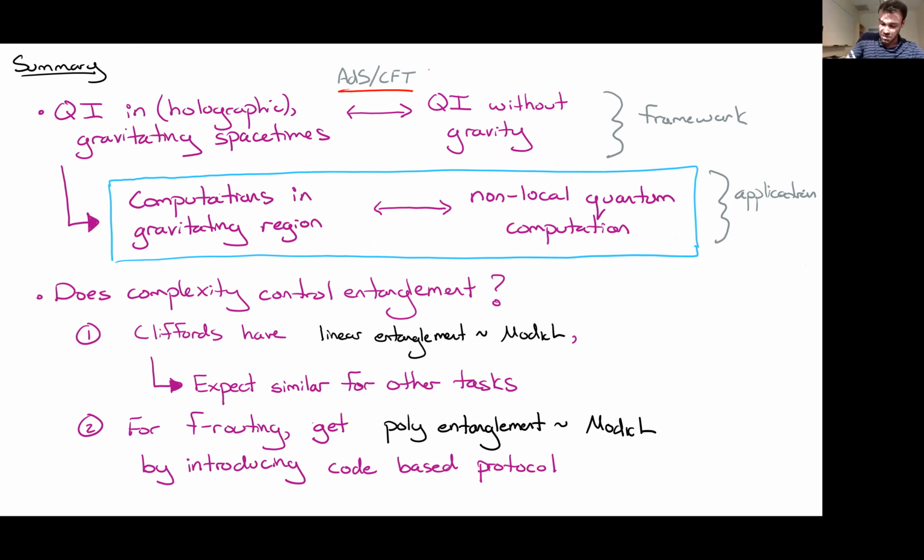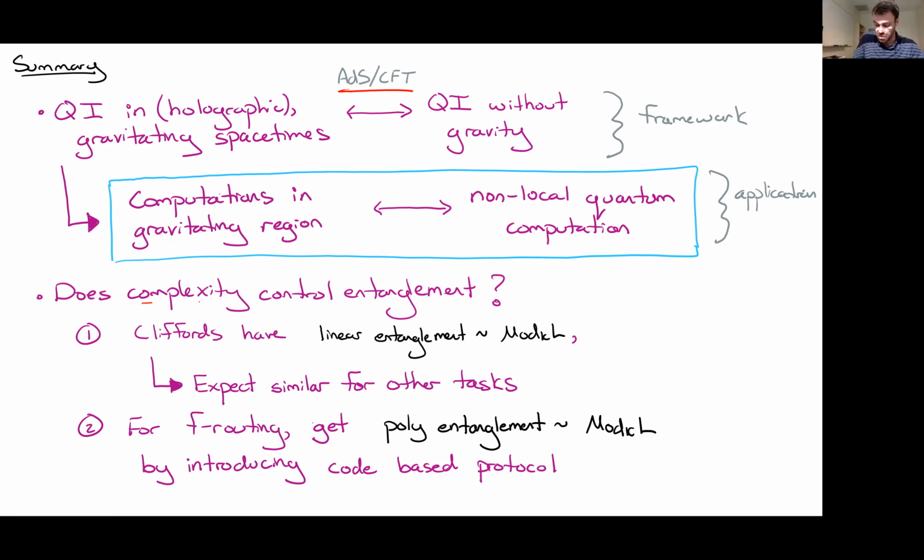Specifically, we thought about computation in a finite region within the AdS space, and turned that into understanding the entanglement requirements in these non-local quantum computations. The outstanding question there was to understand what controls the entanglement cost in these non-local quantum computations. That's going to control what you can do inside your region.